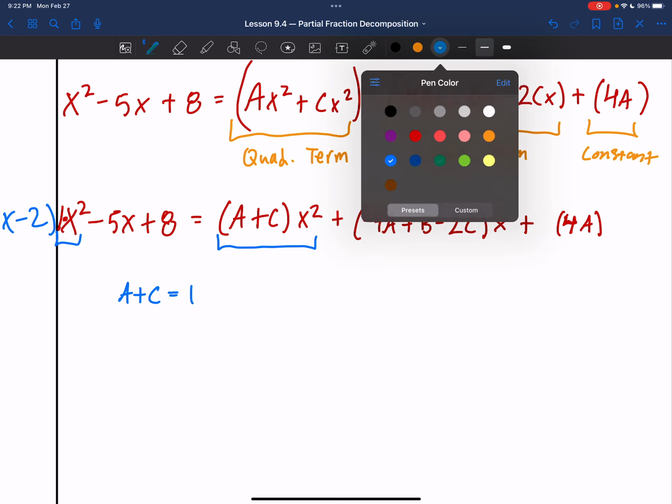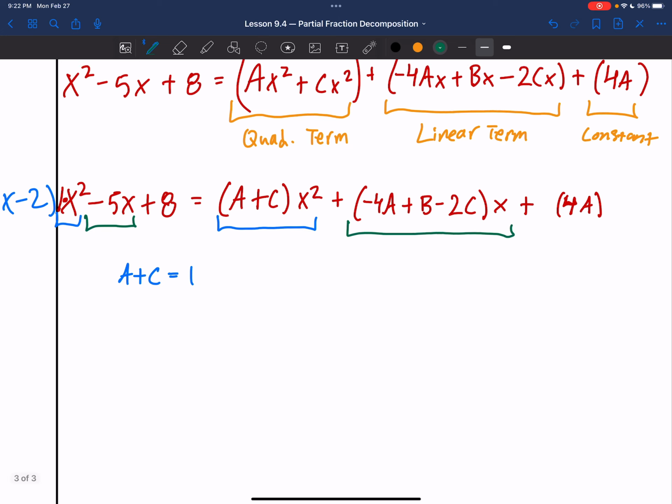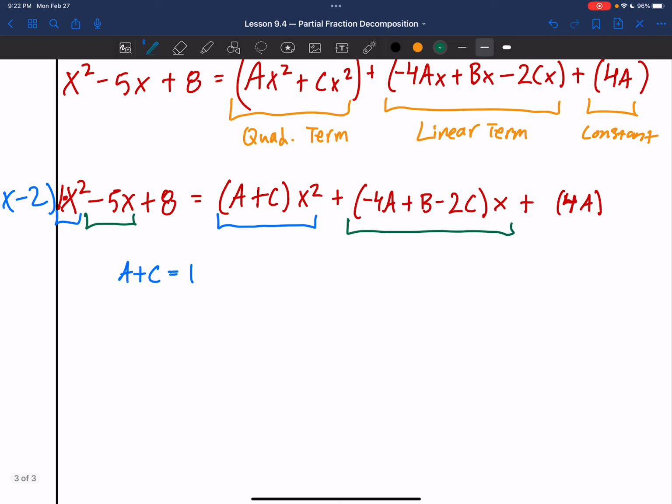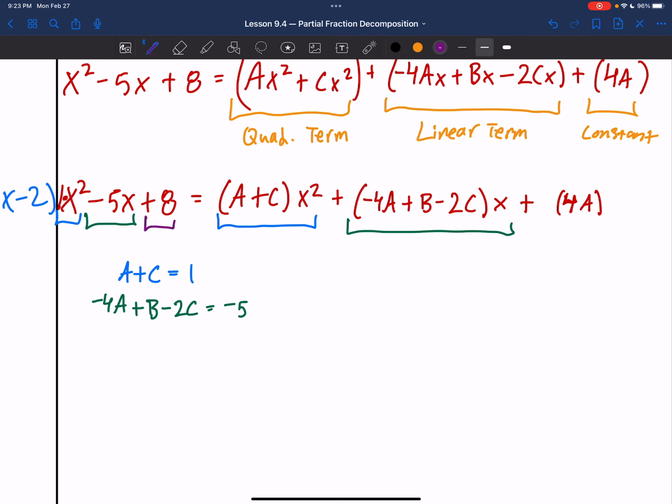Use another color. Negative 5x corresponds with this other one. So negative 4a plus b minus 2c equals negative 5. And then the last one, plus 8 equals 4a.